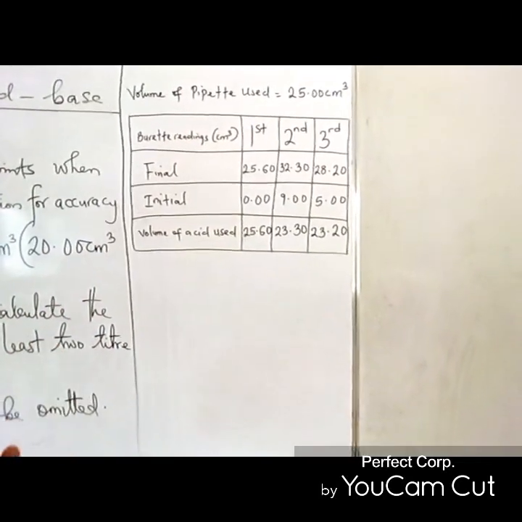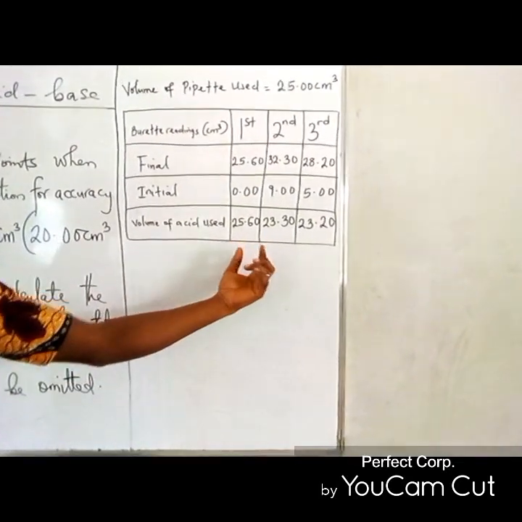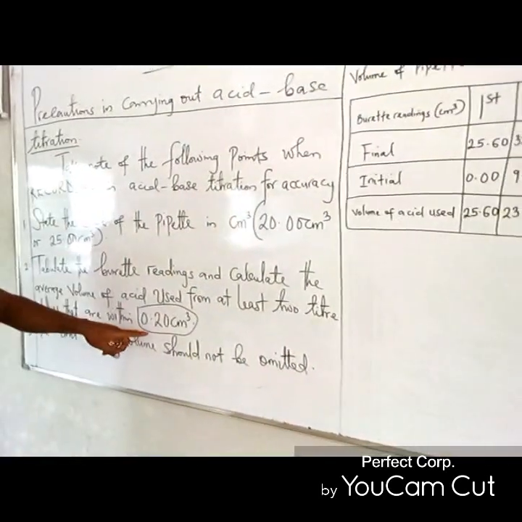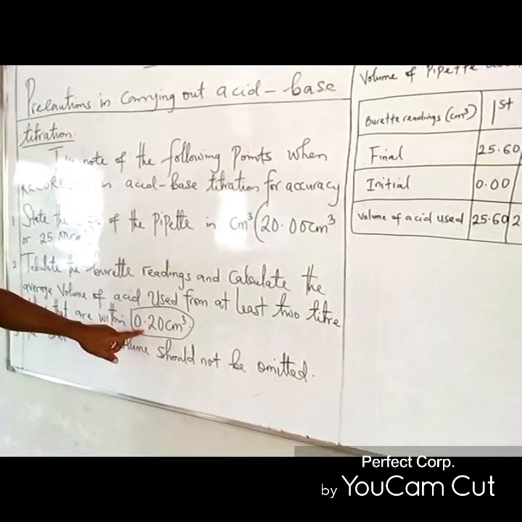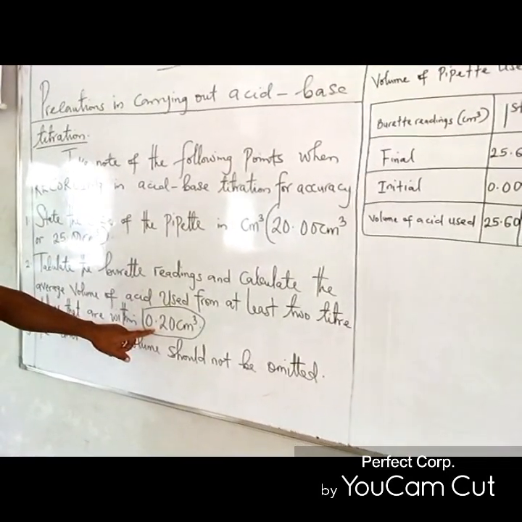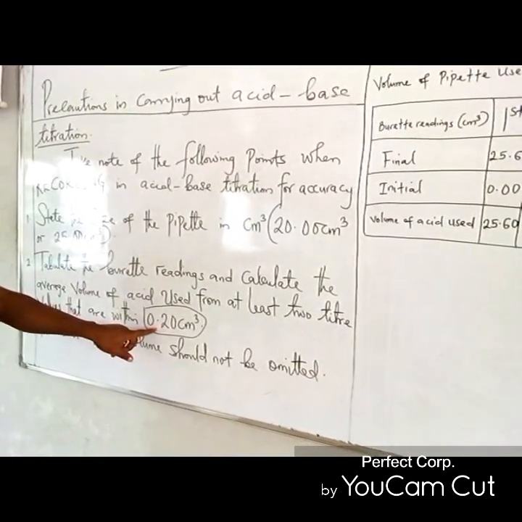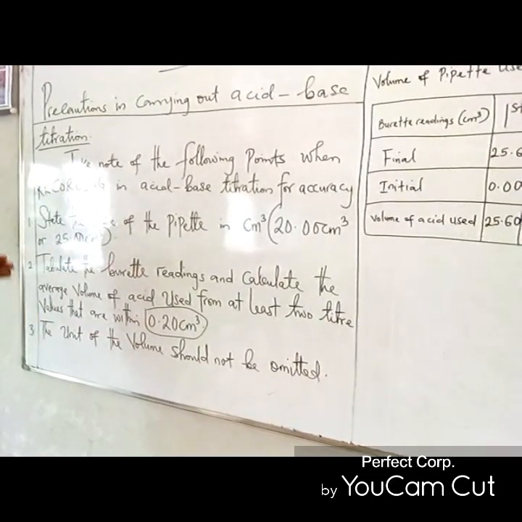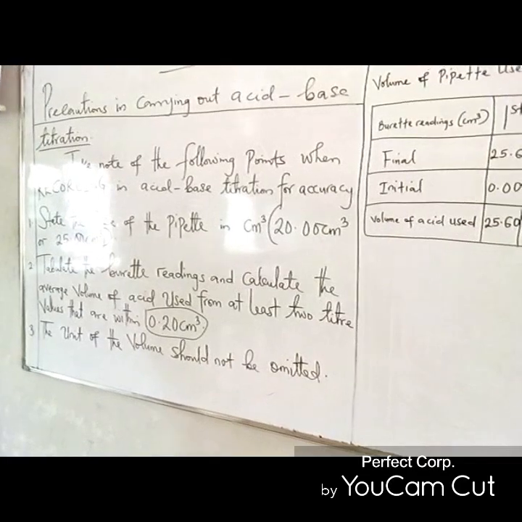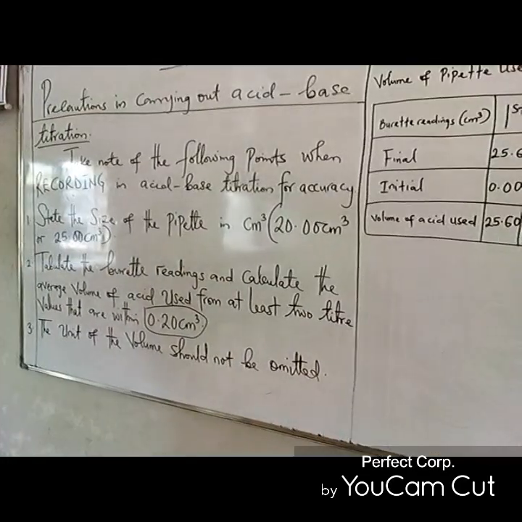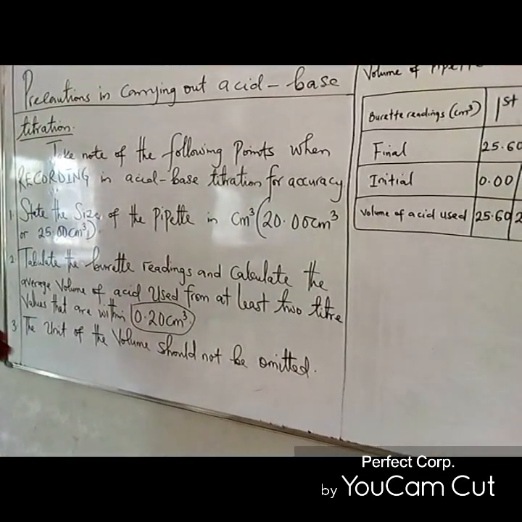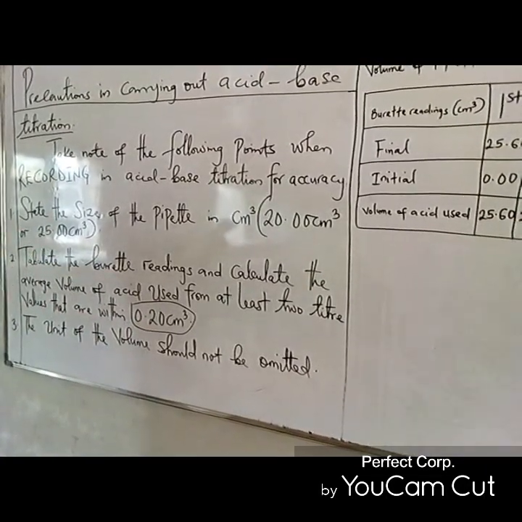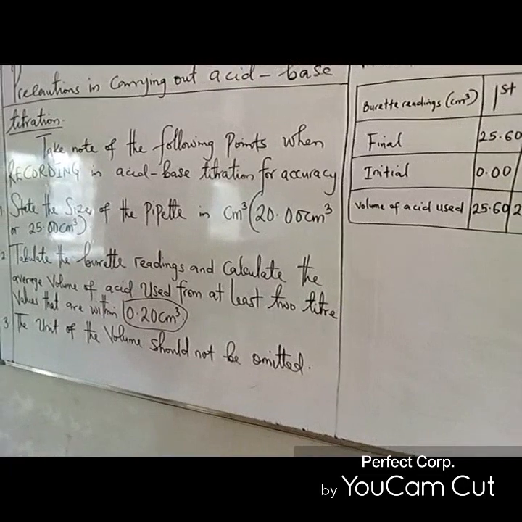Now, how do you know which 2 you are going to pick out from these 3? That is where this figure comes in. You need to pick out 2 numbers, which means you are going to subtract one from the other. When you subtract one titer value from the other and the answer you arrive at is 0.20, you are going to make use of those two values.